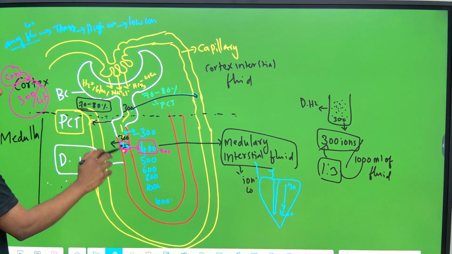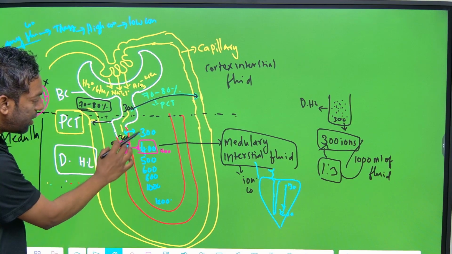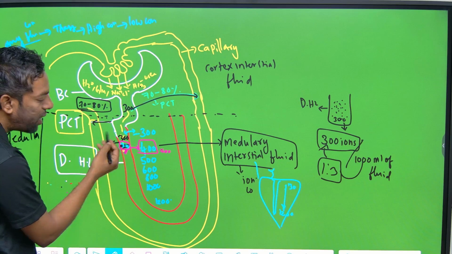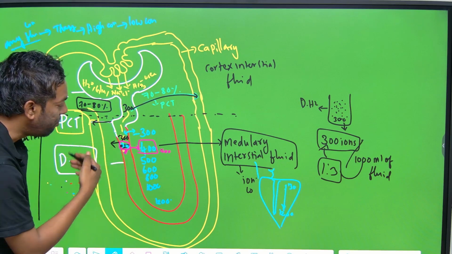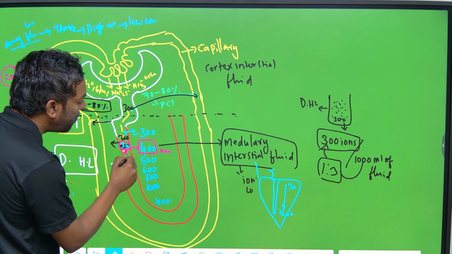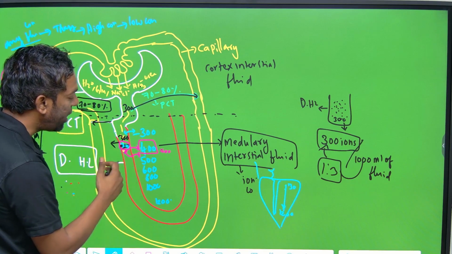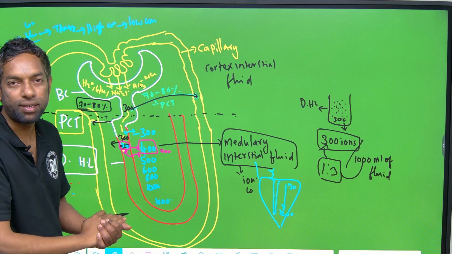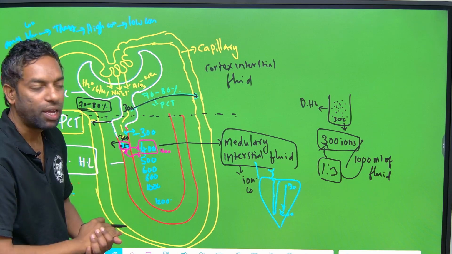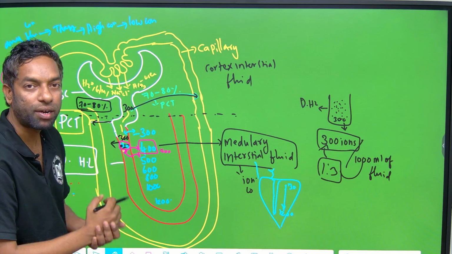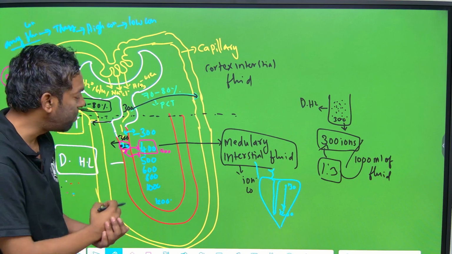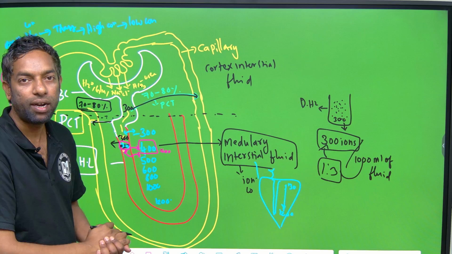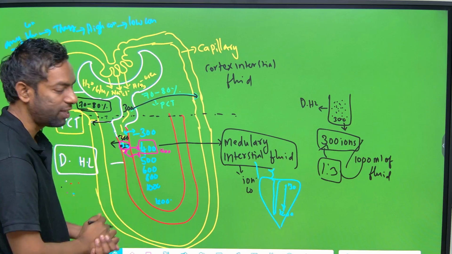In the descending Henle limb, the water concentration is high, so water is going to be reabsorbed and enter into the medullary interstitial fluid. Water can be transferred, water can be permeable into the medullary interstitial fluid to satisfy this.